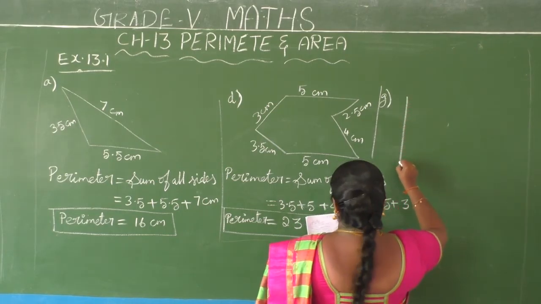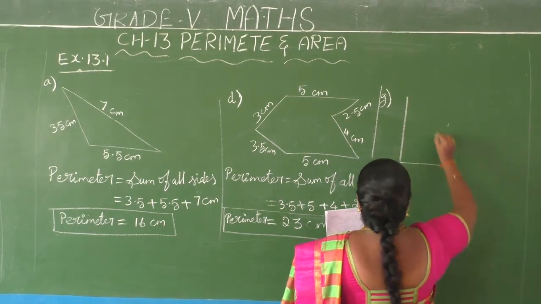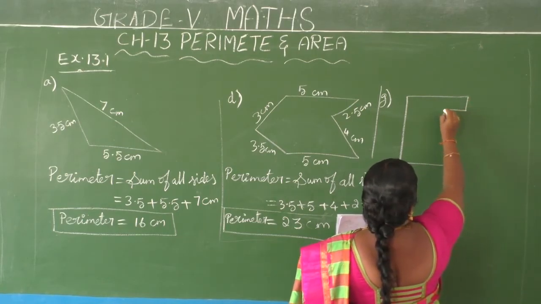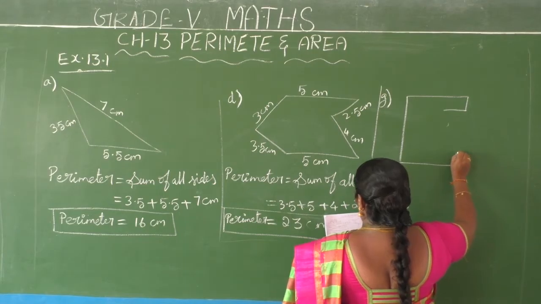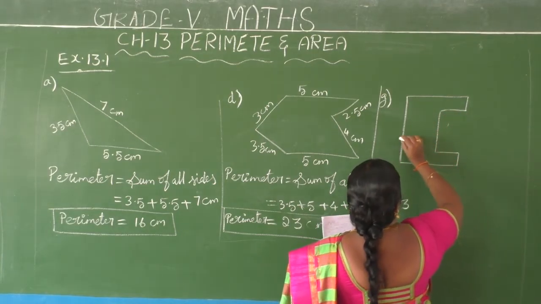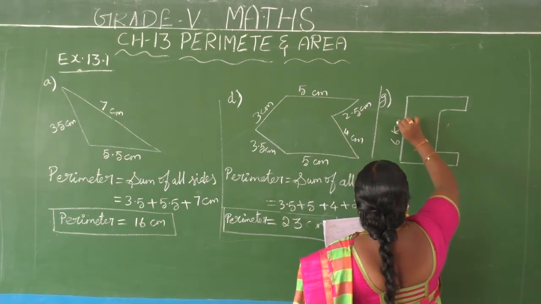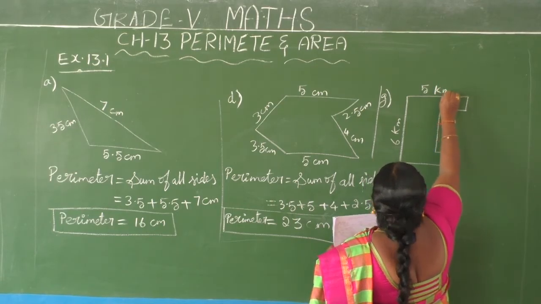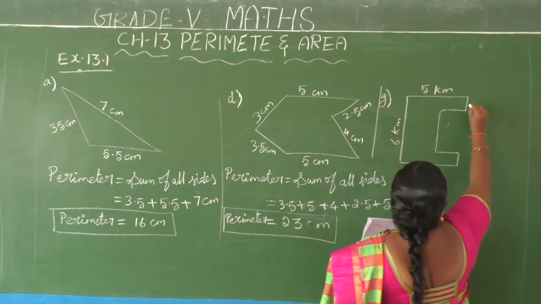Listen. Usually in this kind of sums, you will miss some measurements. For that only I am doing this sum. So this side they gave 6 kilometer, 5 kilometer, and here 3 kilometer.